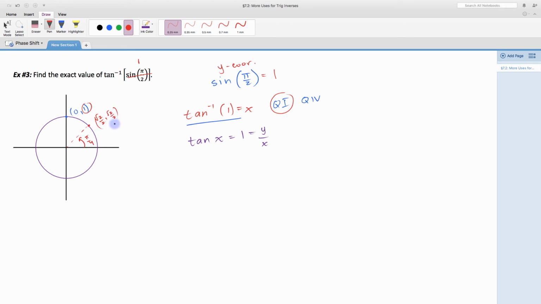If we take this ratio, square root of 2 over 2 divided by square root of 2 over 2, we in fact get 1, which tells us that x has to equal pi over 4. X is pi over 4, because our angle is in quadrant 1, and its tangent, the ratio of the y to the x, has to be 1.